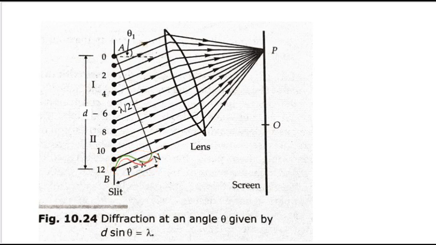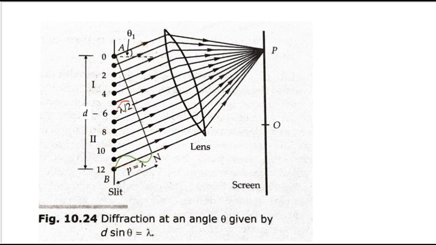Now, what you can do is consider this slit in two halves. This is your first half, this is your second half. So consider this distance. This distance will be half of this distance. That means this distance is how much?